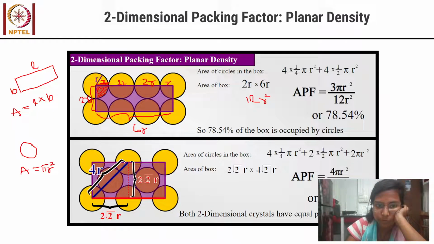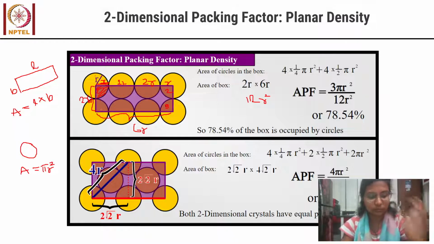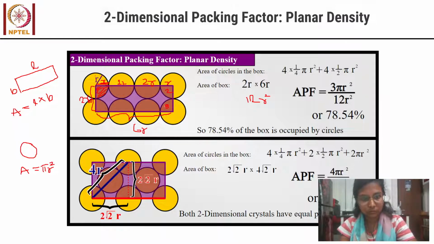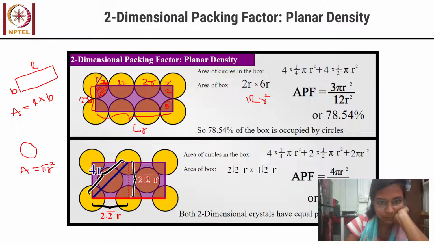We have 1/4, 2/4, 3/4, and we have 4. So 4 into 1/4 pi r square. So we got this term.